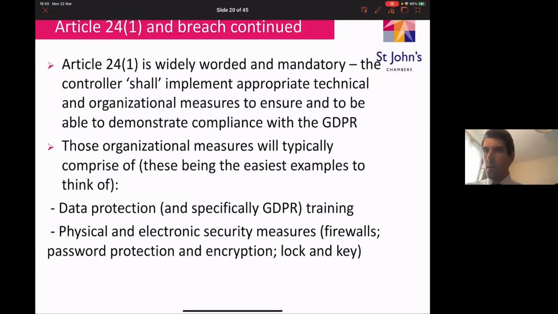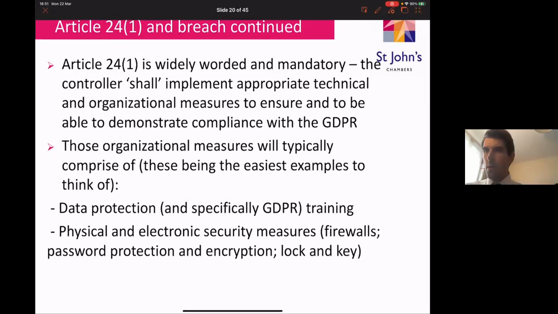So that in simple terms means that the controller should have in place measures at an organisational and technical level to ensure that data remains secure.